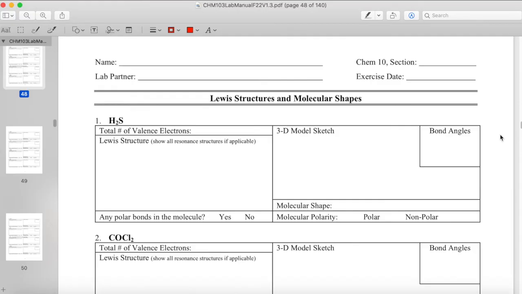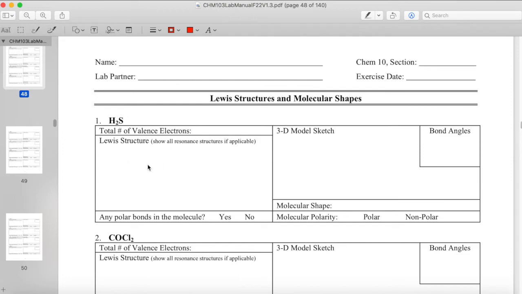If you're one of my students, the important things I want you to represent over here are the total number of valence electrons. Obviously, you're going to need that as part of your calculations to draw this Lewis structure. You want to draw your Lewis structure. Now, there's a line in here that mentions that if there are multiple resonance structures, draw all of them.